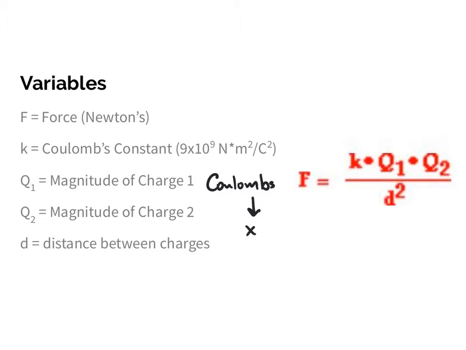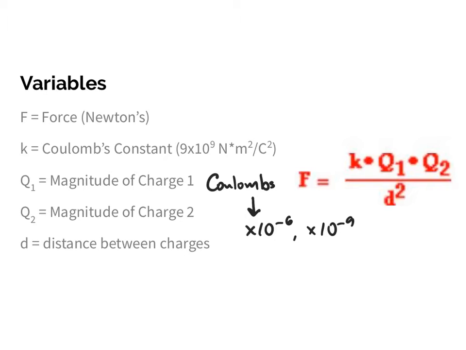You might see things like 10 to the negative 6 or 10 to the negative 9th. Just know that those represent very small numbers because charge is very small, since it's dealing with the number of electrons. And then we're looking at the distance between the two objects, which is always measured in meters.